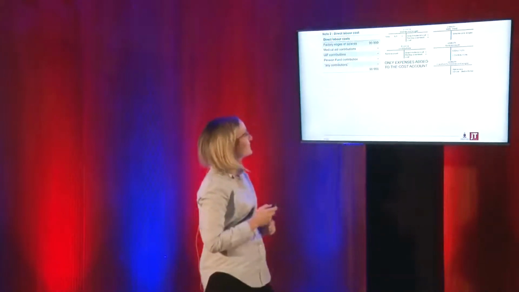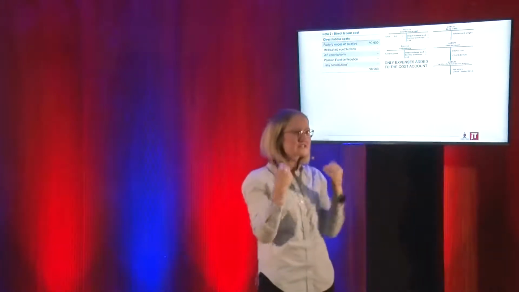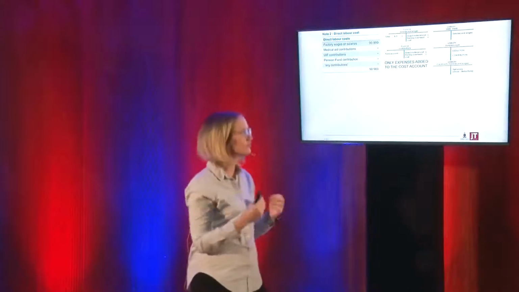If I look at the direct labor cost, again, all expenses are closed off to the cost account. So what goes into the direct labor cost is only the gross plus contributions. That which is deducted will go to the fund account, which is a liability. What we owe our employees will go to creditors for salaries and wages.